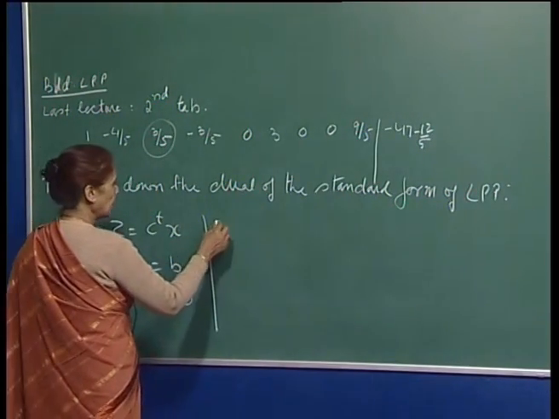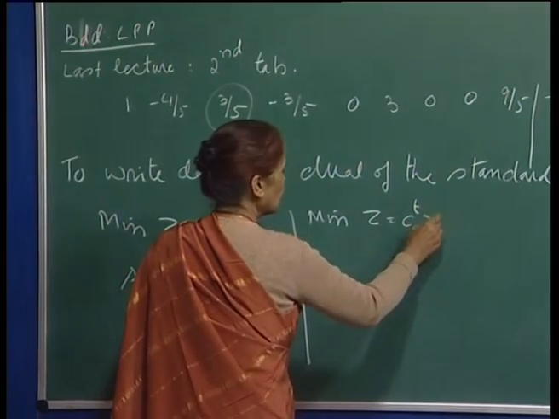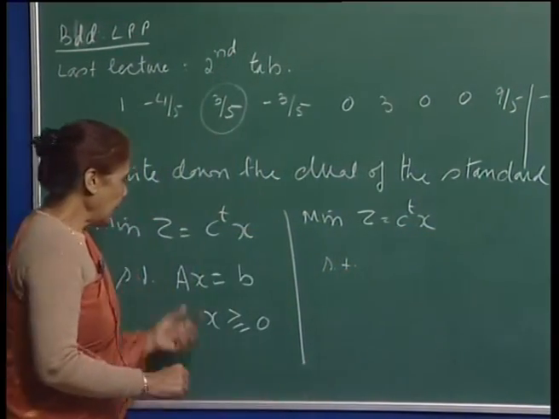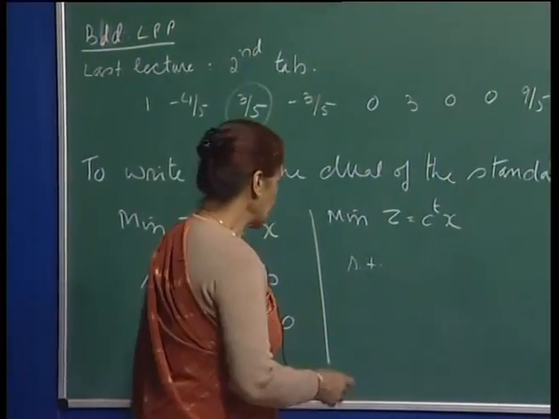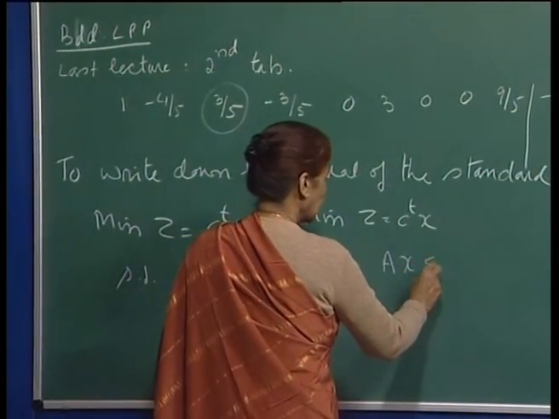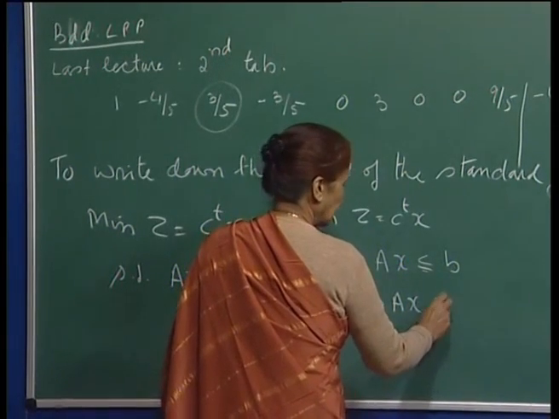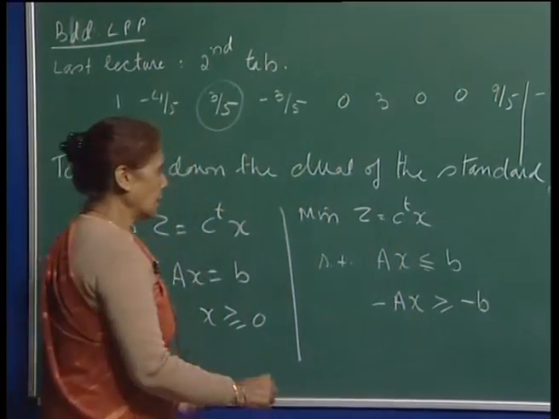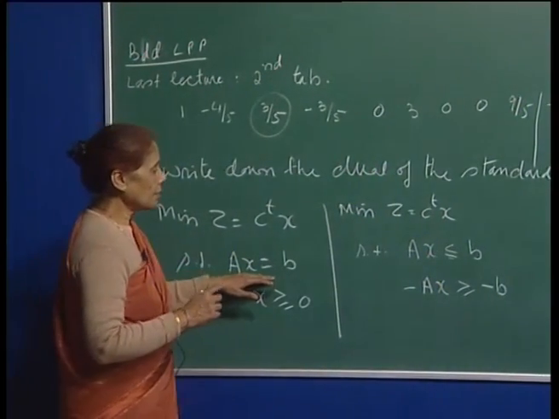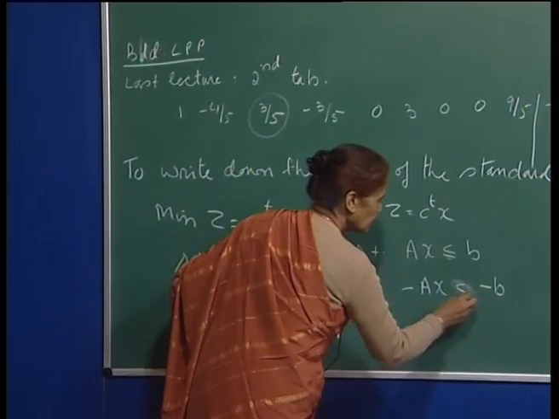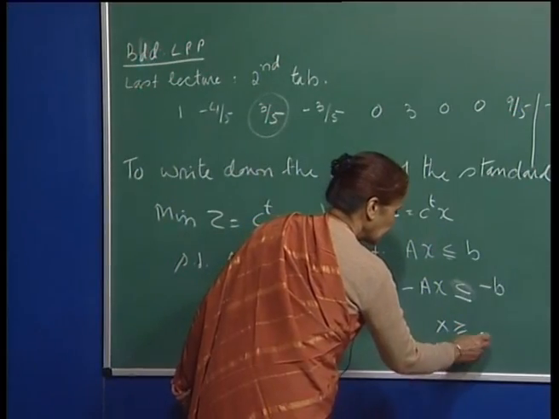See, the thing is that you can rewrite this as minimize Z equal to C transpose X subject to, remember, any equality constraint can always be written as two inequality constraints, and that would be Ax less than or equal to B and minus Ax greater than or equal to minus B. In other words, Ax less than or equal to B, Ax greater than or equal to B. So, I will multiply by minus sign and get this, right, and then your x would be greater than or equal to 0.